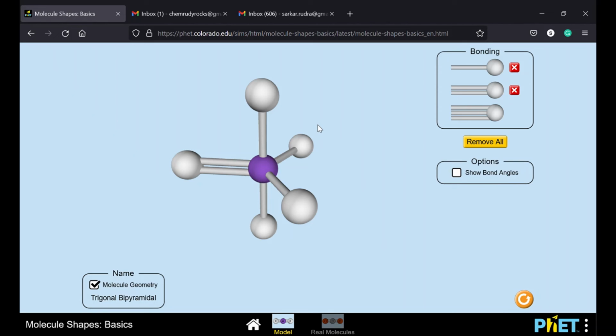That is 120, sorry. But now, with similar logic, that the repulsion between a multiple bond and a single bond is more, one will expect this particular angle to be more than 120 and that to be less than 120.